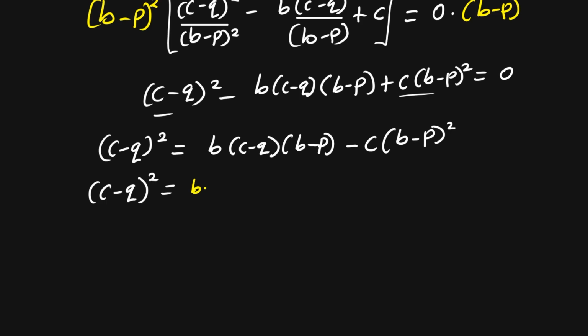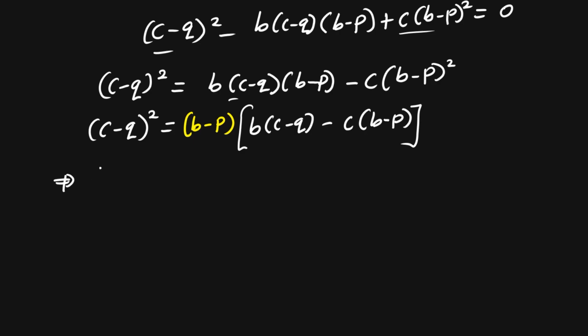It will become (b minus p) into, in this term we remain with b into (c minus q), minus, in this term we remain with c into (b minus p).